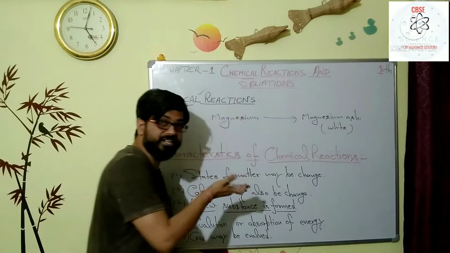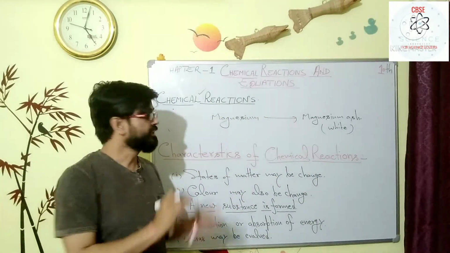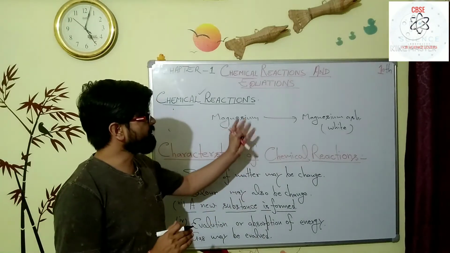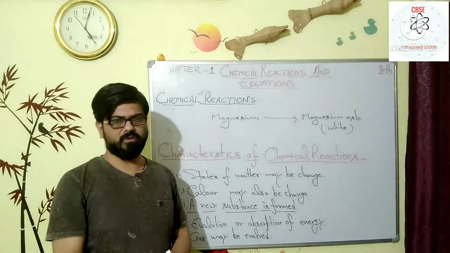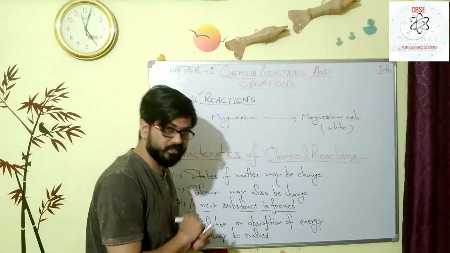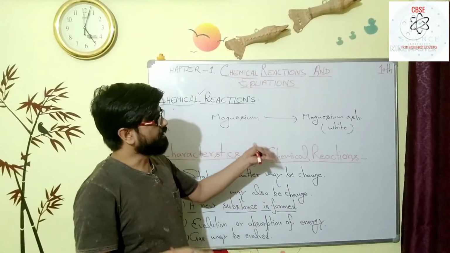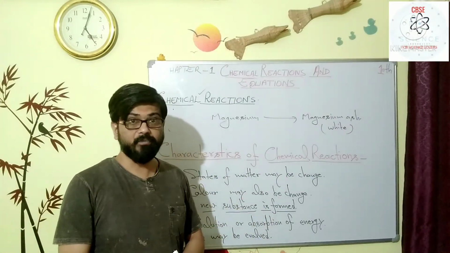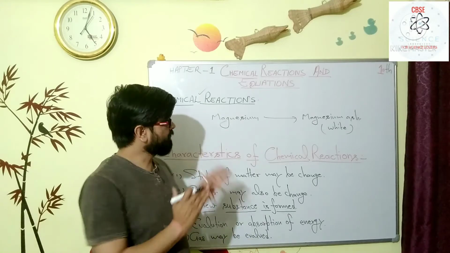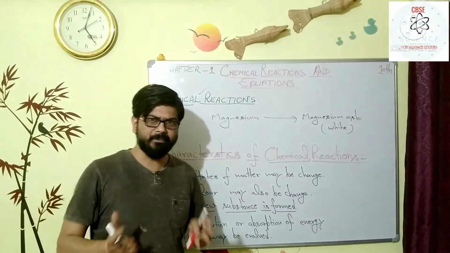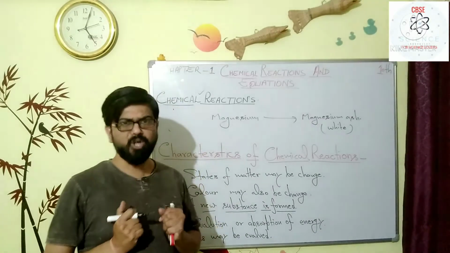So there is a change in color here, students. There is a change in the physical state, from solid to powder form. So the physical state is also changed, and some gases are also evolved during the burning of magnesium. But how do we represent the burning of magnesium as a chemical change? It is very important, my dear students.